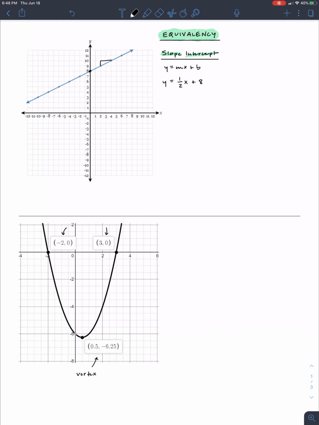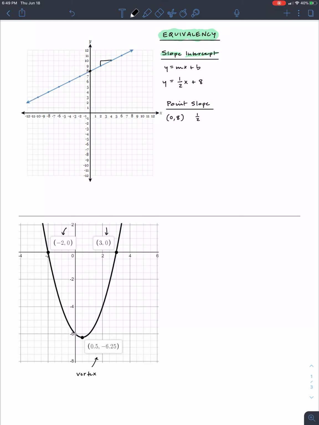We have another form that we could write our line in, something we call point-slope form. In calculus, this is a form that we most often use. And so this is still an equivalent answer, but it just looks different. And in point-slope form, we typically need a point, so we can use the point (0, 8) and the slope 1/2.